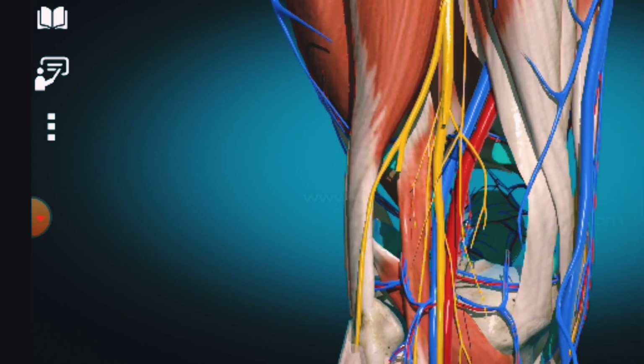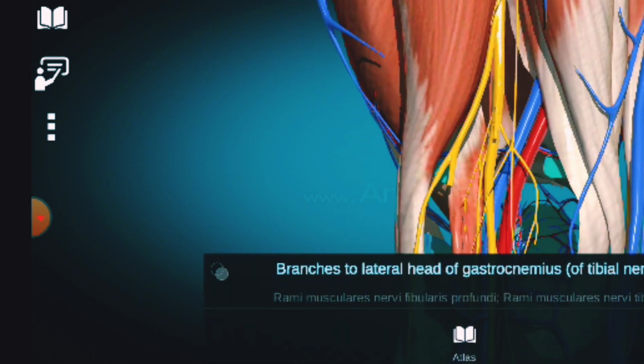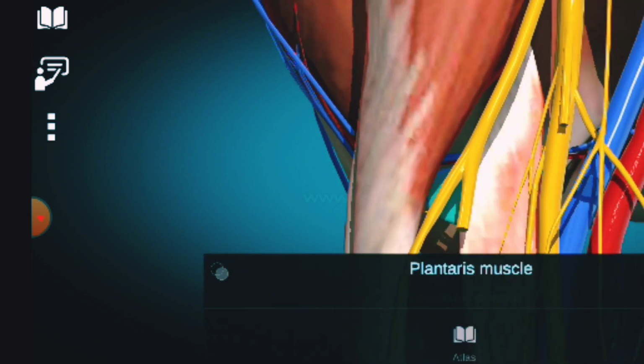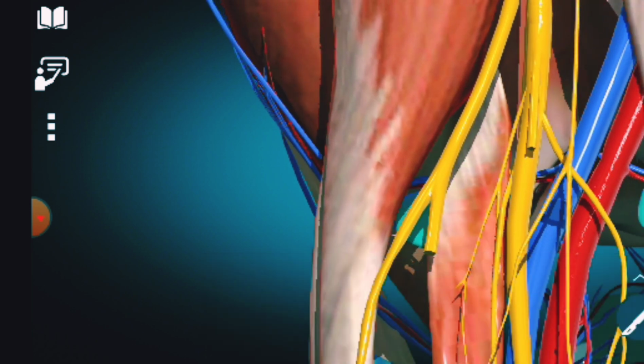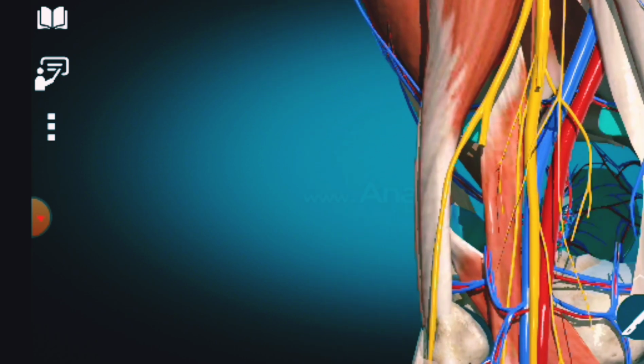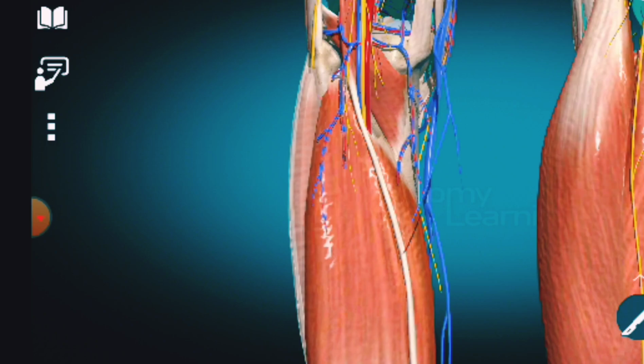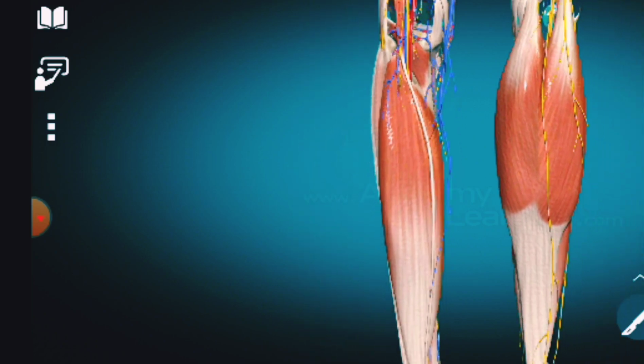This is the plantaris muscle. The plantaris muscle originates from the lateral femoral condyle, the lateral supracondylar line.